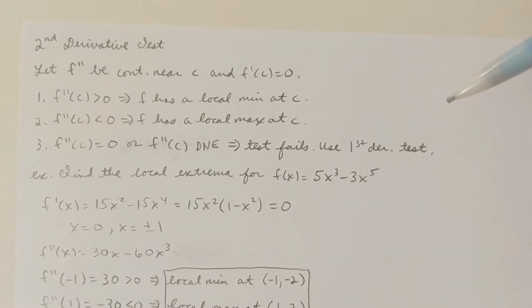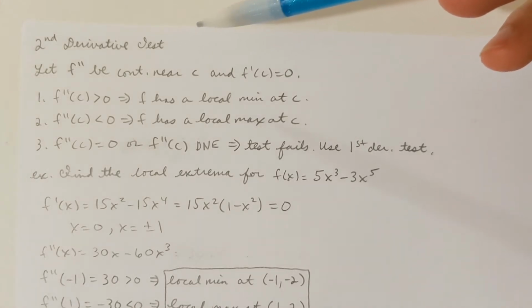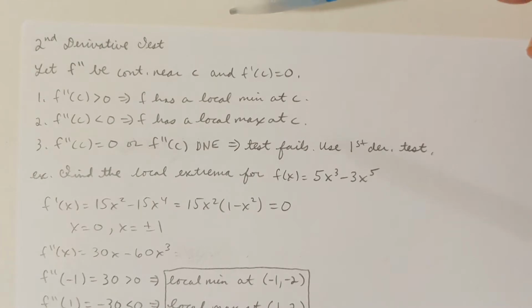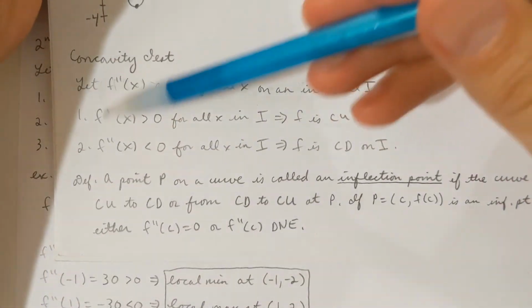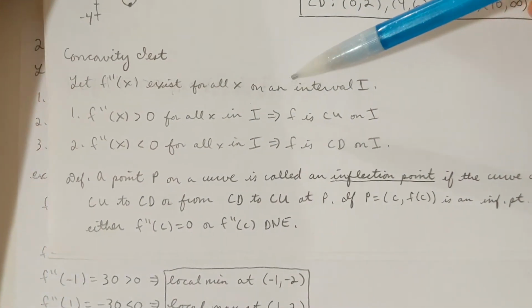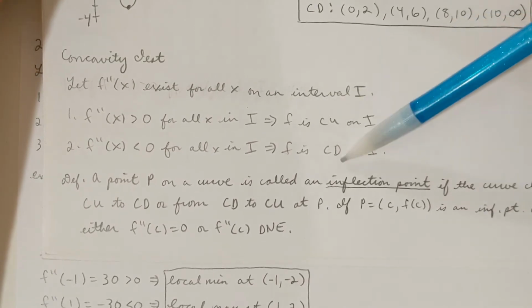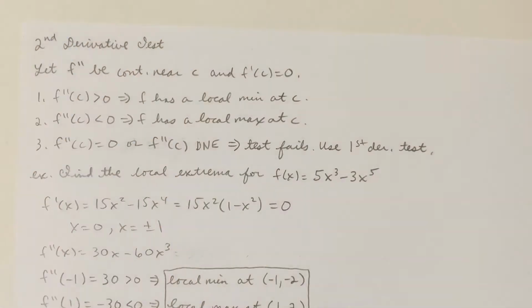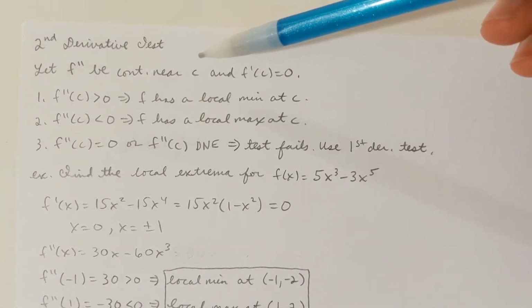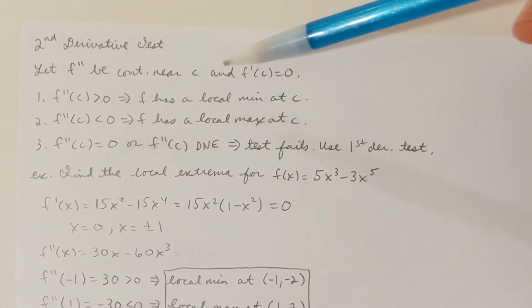Okay, a couple things. First of all, don't get the second derivative test confused with anything with concavity. In the concavity test, we were using the second derivative, but that was a totally different test. That is just telling us where the function is concave up or concave down. The second derivative test tells us nothing about where we're concave up or concave down.